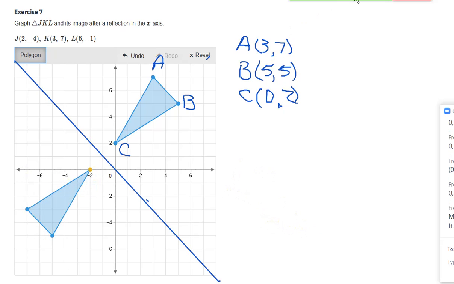Okay, so this is A prime, B prime, C prime.